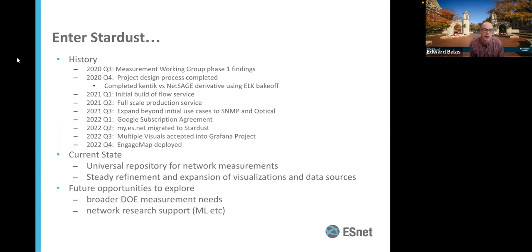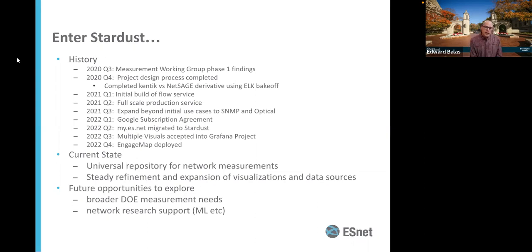Based on those, we knew we had to look at an alternative to our legacy flow analytics system, and so we started looking at commercial options as well as NetSage derivatives, and in the end, what we ended up doing was creating a derivative of some of our NetSage experience. And we went production in mid 2021. And then from there, what was later named Stardust has just blossomed. And that's why we're here today, right?